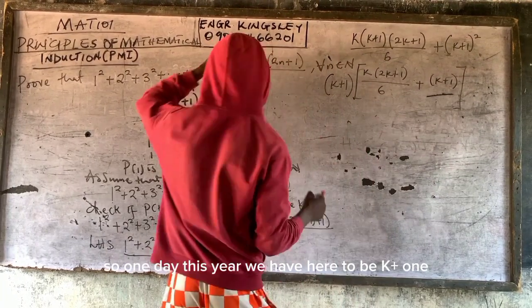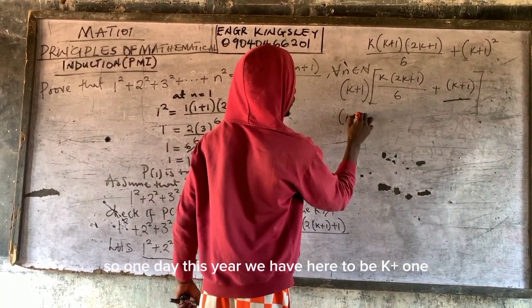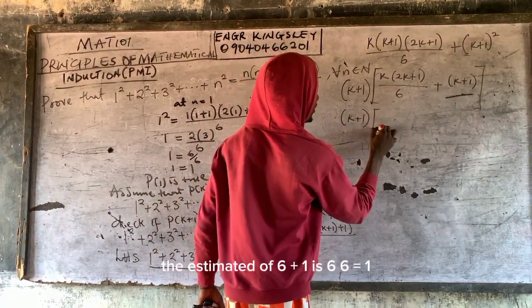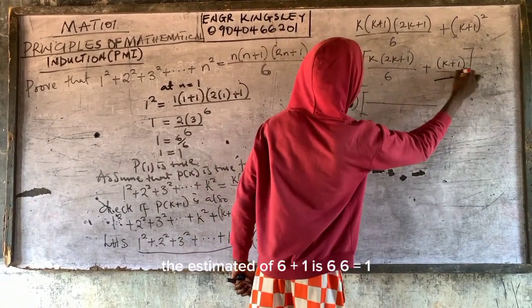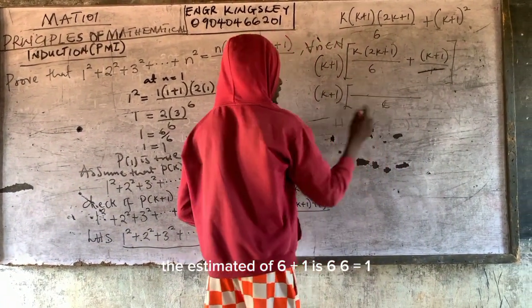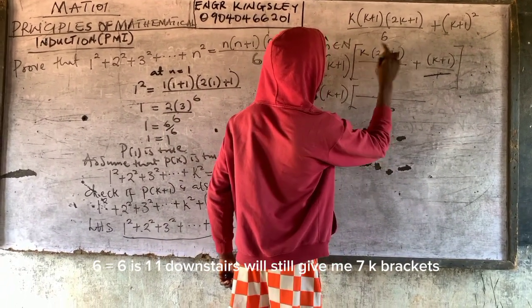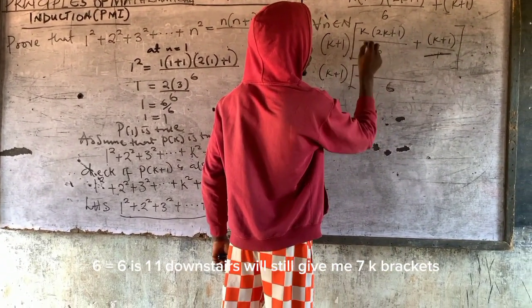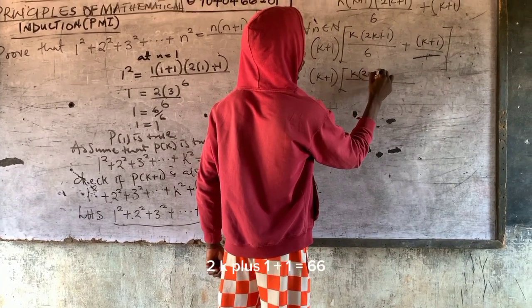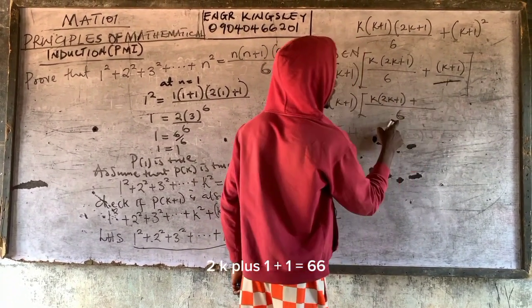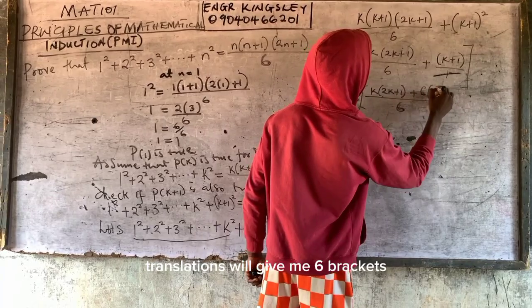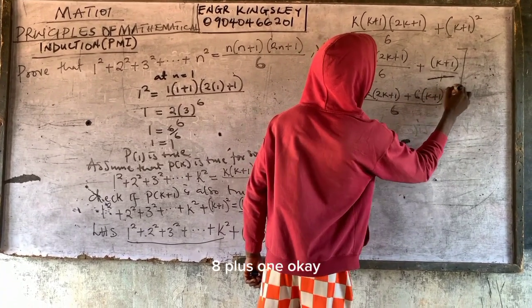Okay? So find the LCM. We have here to be k plus 1. The LCM of 6 and 1 is 6. 6 into 1, 6 into 6 is 1. 1 times this will still give you the same thing. K bracket 2k plus 1 plus 1 into 6 is 6 times this will give me 6 bracket k plus 1. Okay?